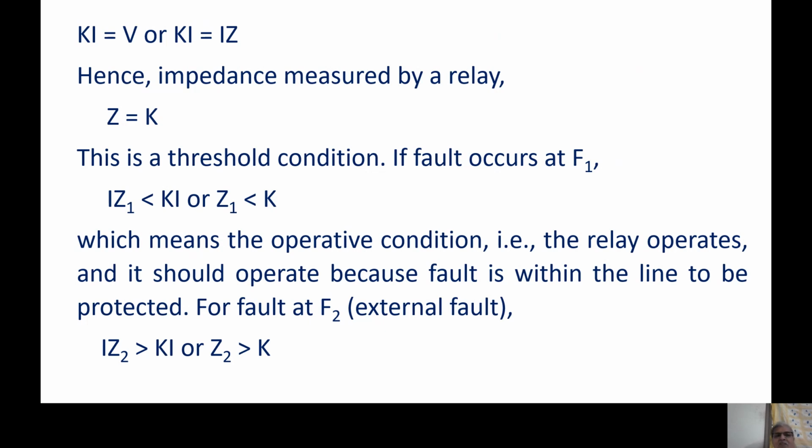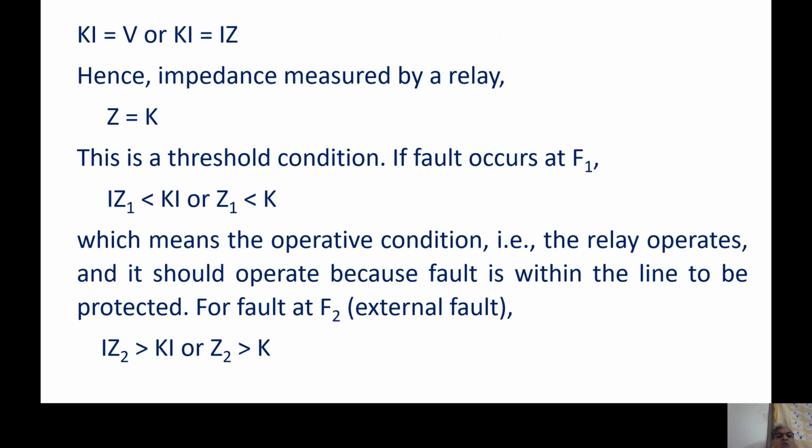What is V? V means the voltage up to fault point, because Z is up to fault point. So V is equal to Iz. Ki is equal to Iz. If I remove I both sides, then Z is equal to K is the threshold condition.